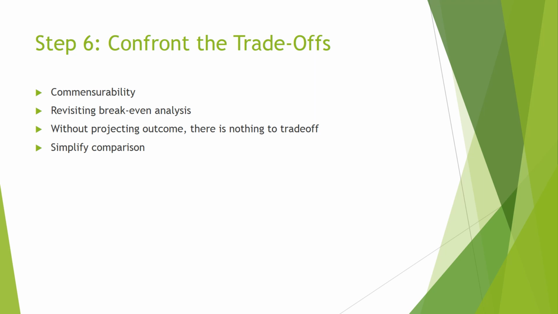Which one has the most cost? Which one has the greater benefit? Which one is more effective? Reminding ourselves of step 1, what the problem is, which one is more effective at getting to that problem? So all this is important as we continue to make our way down into actually making a decision.